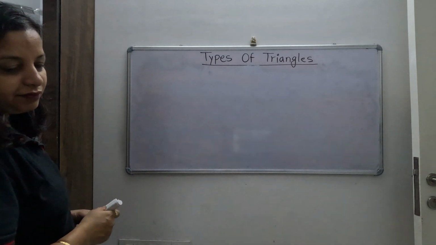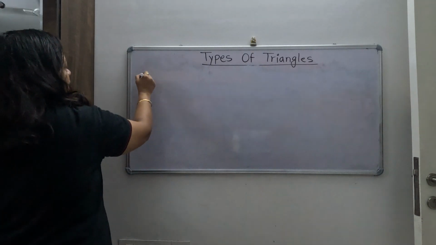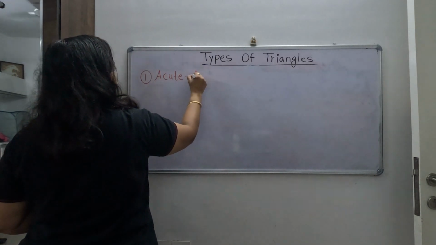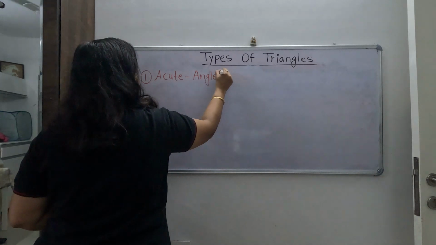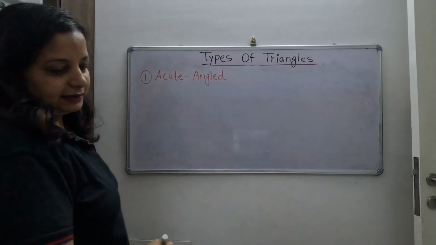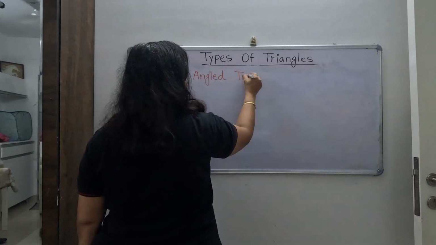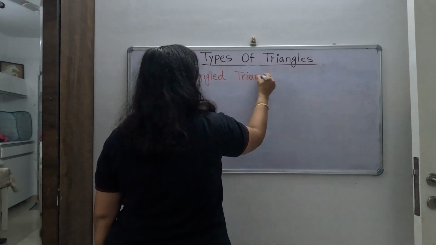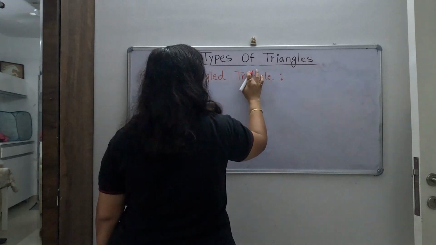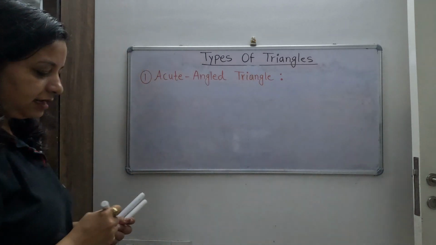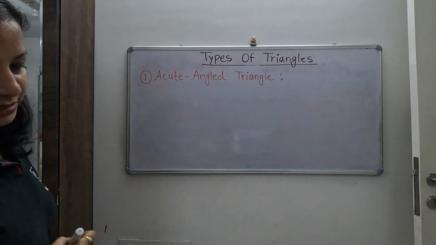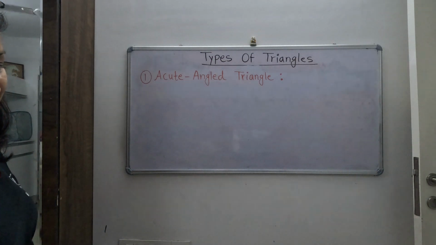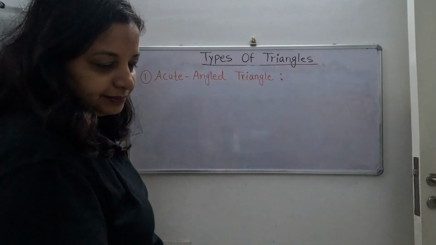So the first is the acute angle triangle. An acute angle triangle is a triangle each of whose angles measures less than 90 degree.